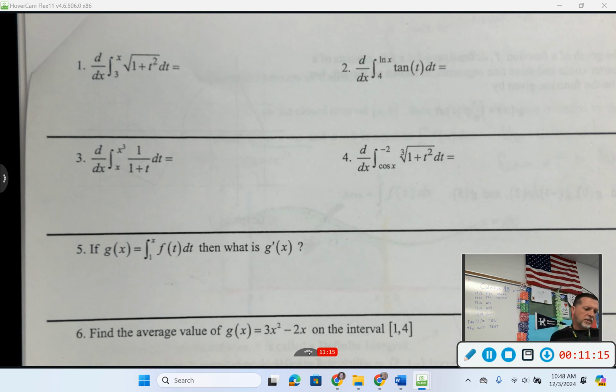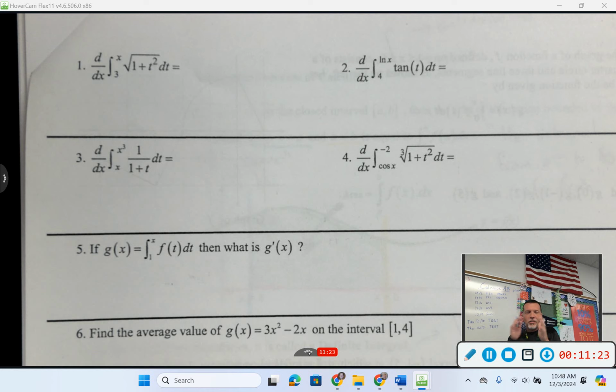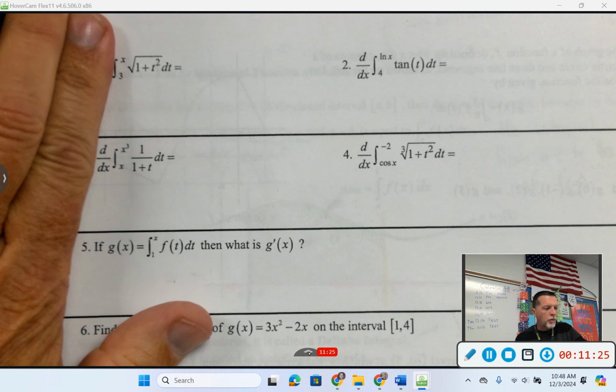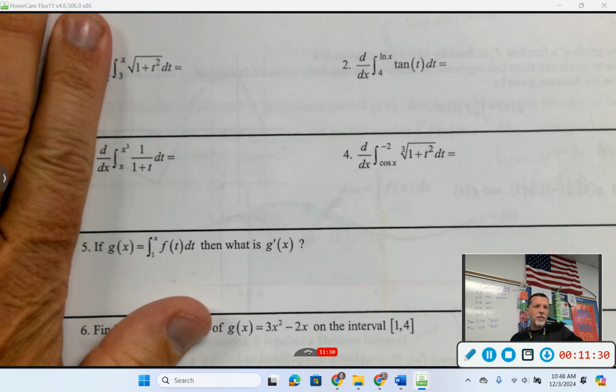Number one, the derivative of the antiderivative. Again, you think big picture first on these. If you start thinking, forest and trees issue here, let me work on the inside, let me take the antiderivative, which you don't even know how to do, nor do I. But that's not the point.